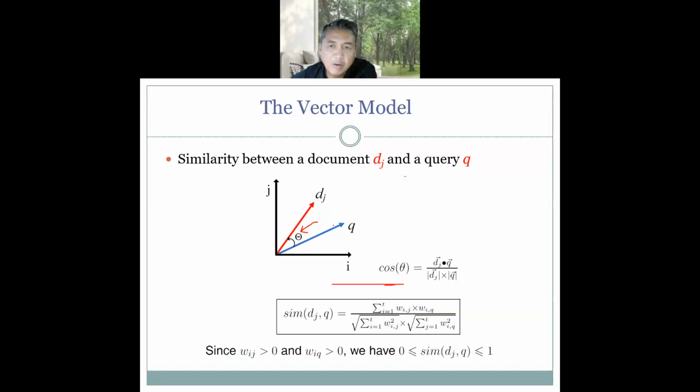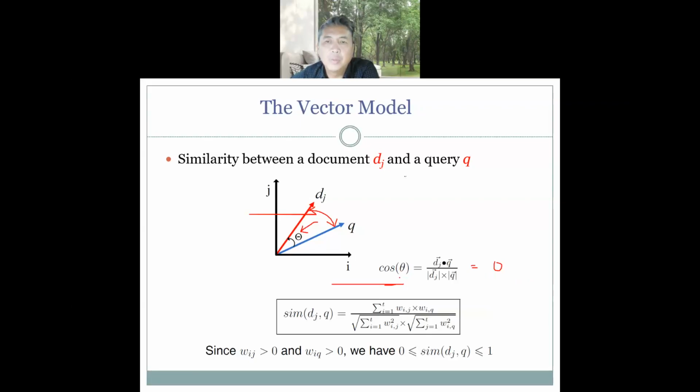Okay. So if they are close enough, the value for this one will be 0. Your document and your query, you want them to be closer, so that the closer they are, the value for the cosine function will be 0.